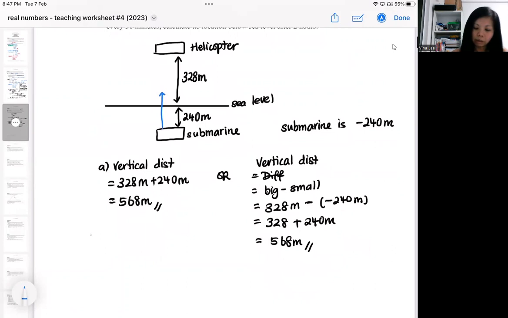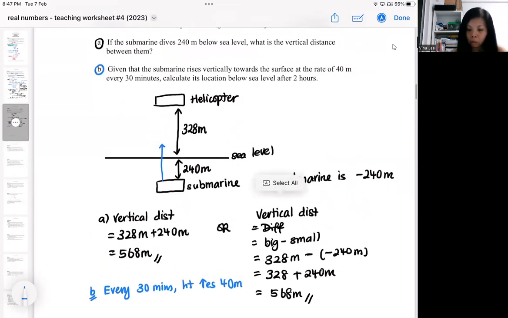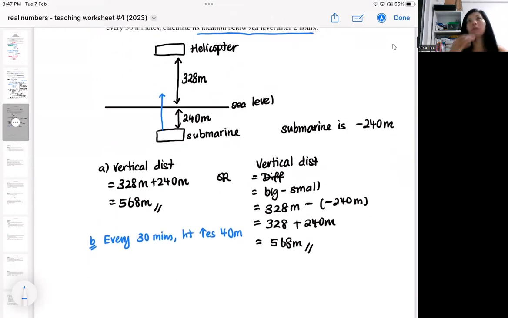So the understanding will be every 30 minutes, the height is going to increase 40 meters. So the question is asking, what is the location below the sea level after 2 hours? So you need to think about how many blocks of 30 minutes in 2 hours.